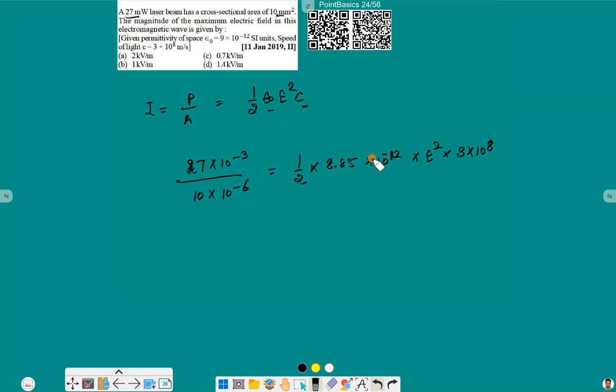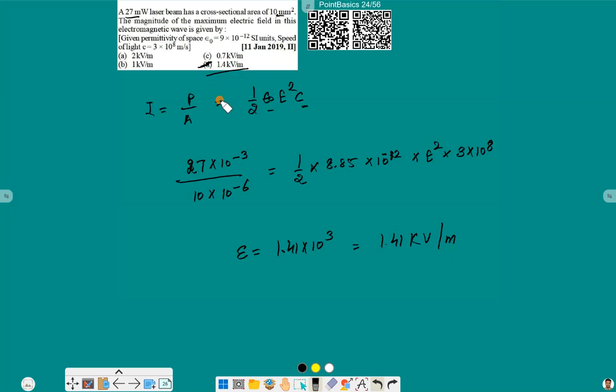When we solve this to find the value of electric field, we will find it to be 1.41 into 10 raised to power 3, and that can be written as 1.41 kilowatt per meter. That is option D for us.